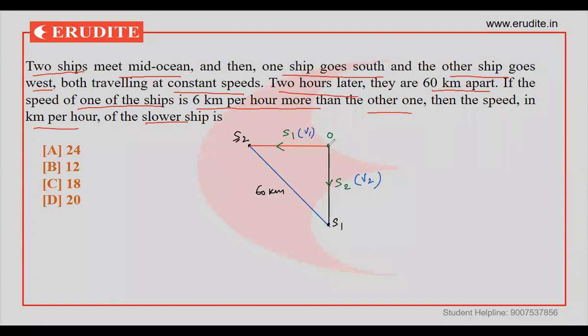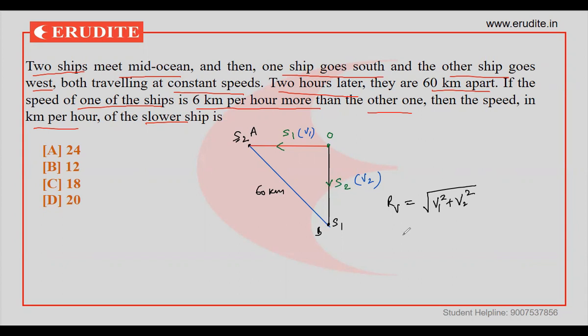As one ship is going in the west direction and another in the south direction, the net speed along this line, if I name it point A and point B, will be under root v1 square plus v2 square. This is the resultant vector question, you can say. This is the resultant speed of these two ships.